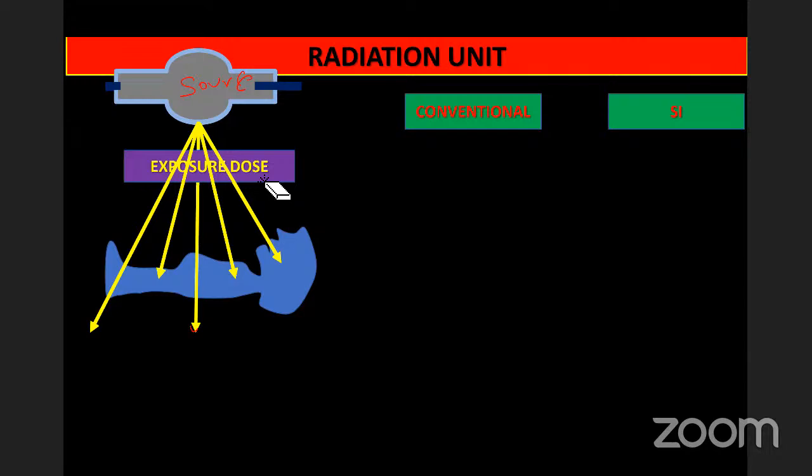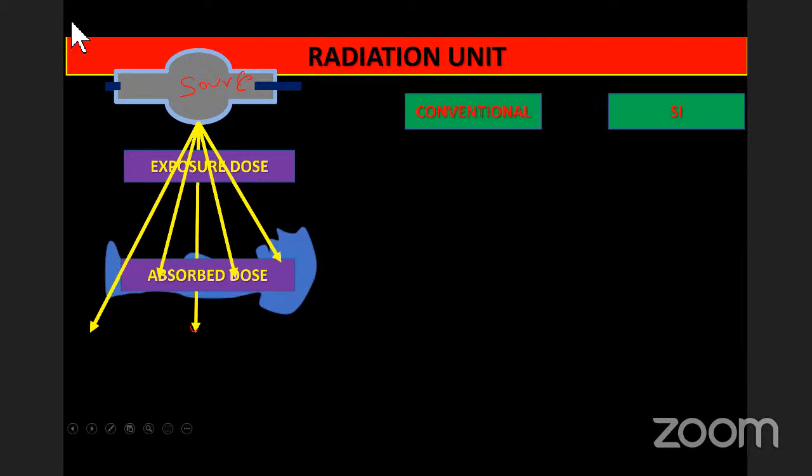Now this exposure dose will be absorbed by the body, and this is called the absorbed dose. Okay, understand? So there is some amount of radiation which is present in the environment. When it is passing through the body, some of it will be absorbed, and this is called the absorbed dose, and this absorbed dose is the one which is causing the damage.